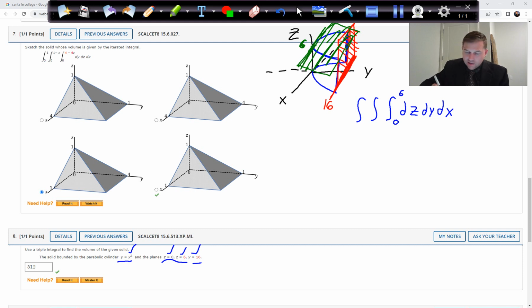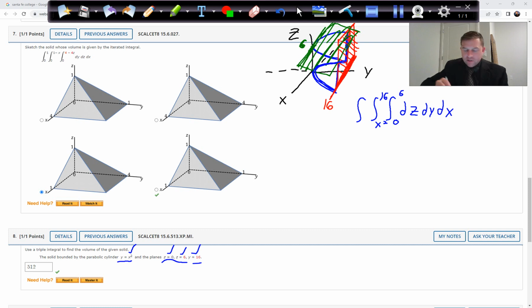dy, this one's the tricky one. So this dy is actually going to go from x squared. So it starts here. Y starts on this curve x squared. What's the highest y can go? It's cut off at 16.